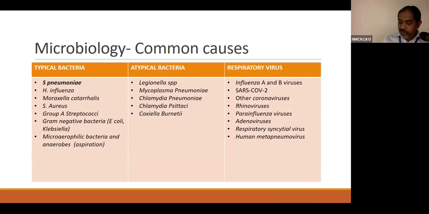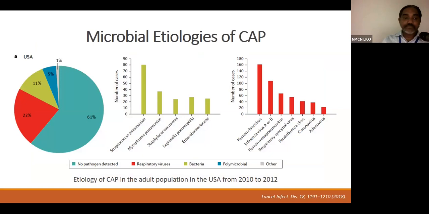After the advent of COVID, SARS-CoV-2 is now an important respiratory pathogen causing pneumonia. Otherwise, influenza viruses and respiratory syncytial viruses are the common viruses which cause pneumonia.